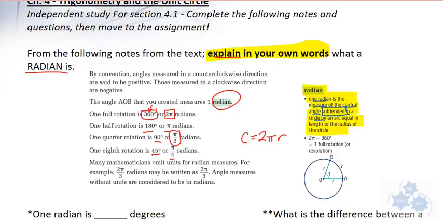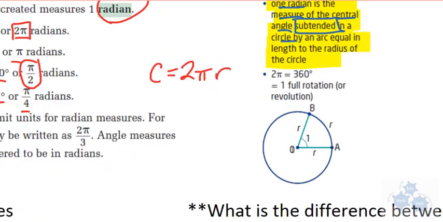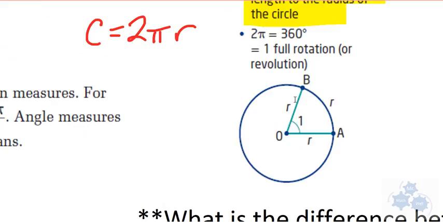So what's important here is that these 3 pieces, this curved length right here, is the exact same length as the radius of the circle. And that's how 1 radian is defined.